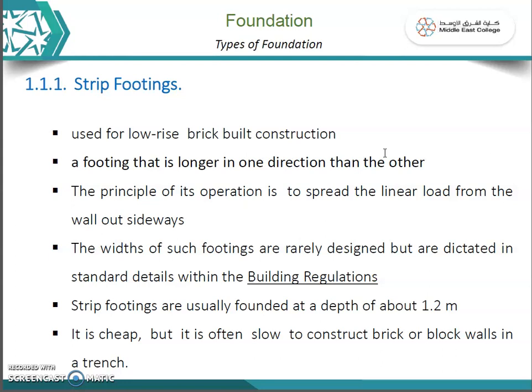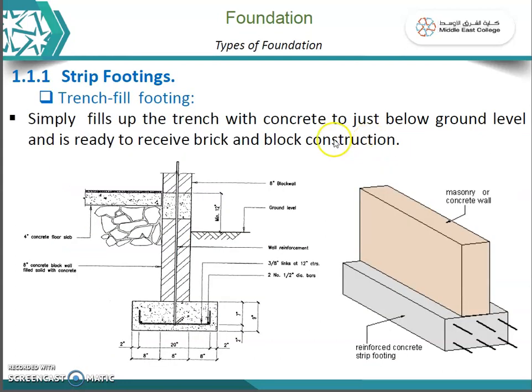The width of such footings is rarely designed but is dictated in standard details within the building regulations. Strip foundations are usually founded at a depth of around 1.2 meter. It is cheap, but it is often slow to construct brick or block walls in a trench. So you can see the examples. Here, the strip foundation is laid in the direction of the wall throughout its length.